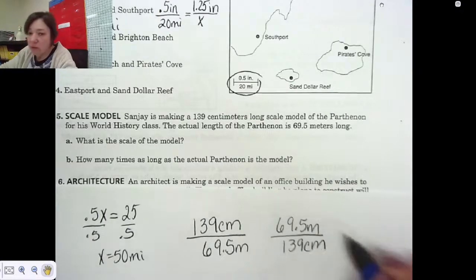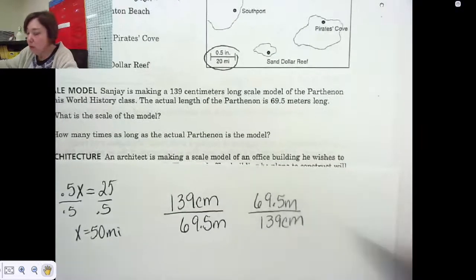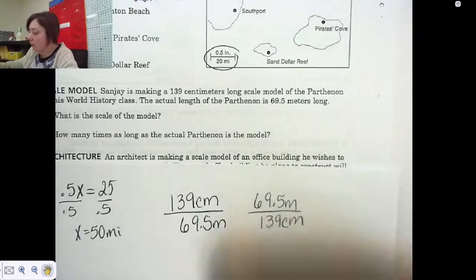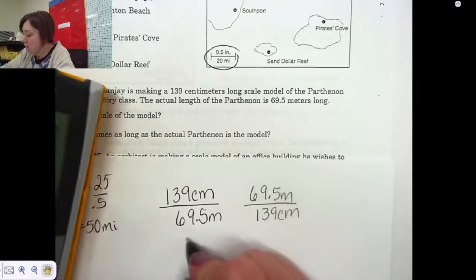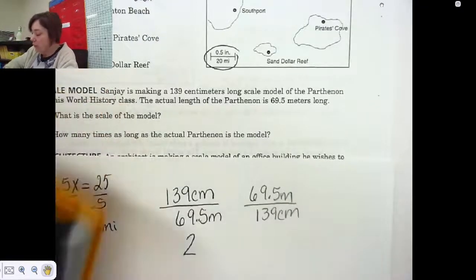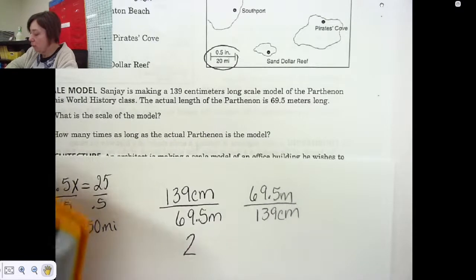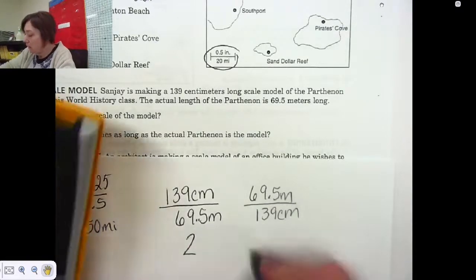And you can actually do this either way. And then we'll talk about what the results say, okay? So we're going to simplify this to our smallest fraction possible. So 139 divided by 69.5, we're going to look at that one first. So that gives us 2, right? If we do it the other way, we've got 69.5 divided by 139, and that gives us 0.5.